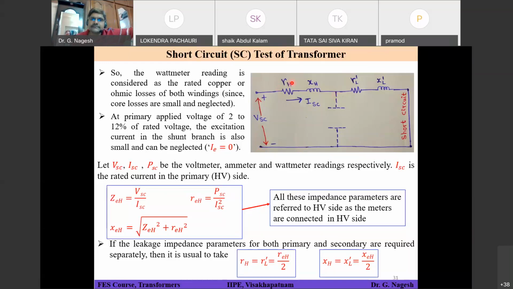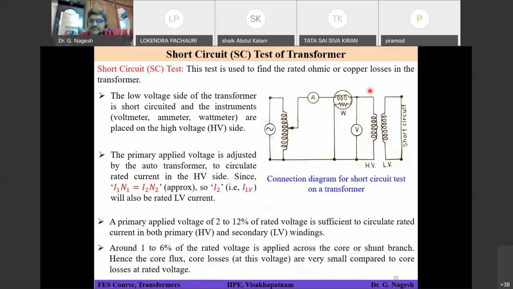So here, if you see, this is your HV and this is your LV. LV will have R_LV and X_LV. The primary side, that means the HV side, will have R1 and X1. R1 here is R_HV, X1 here is X_HV, if you talk in terms of HV and LV.